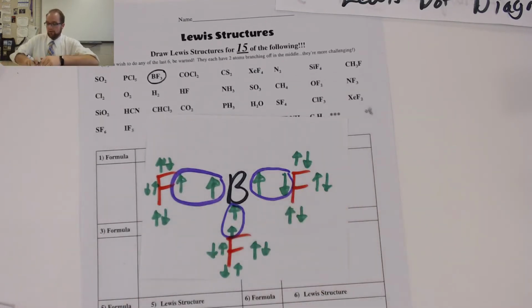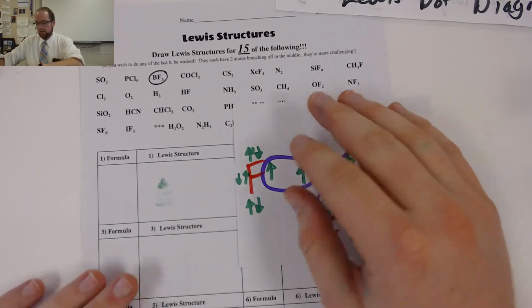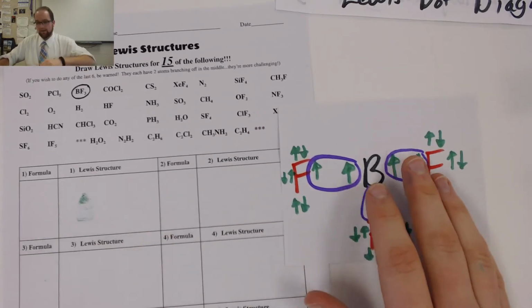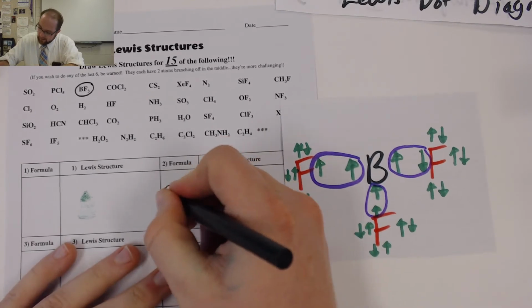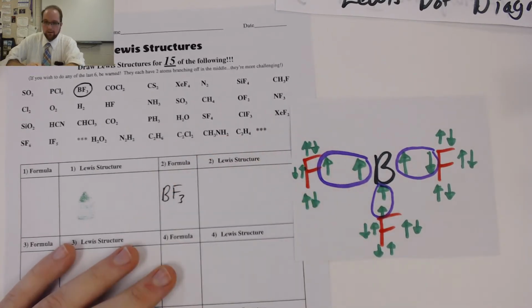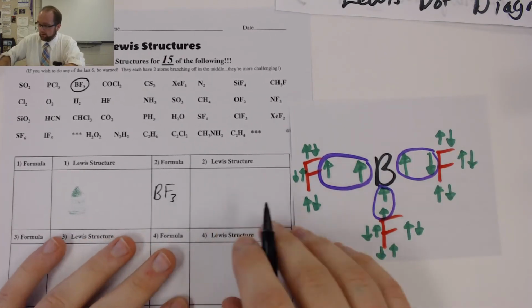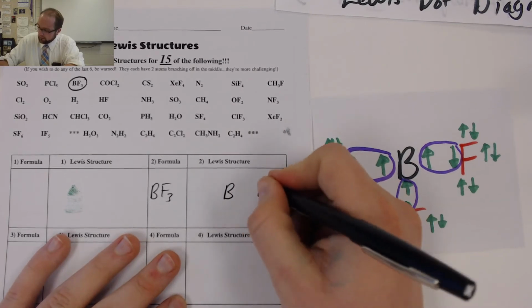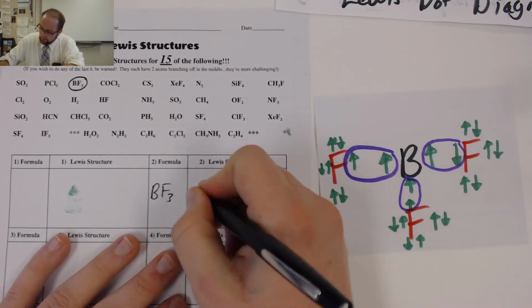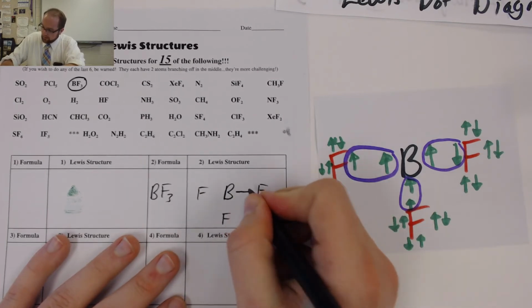So all I want to do now is transfer this into our overall diagram on our sheet. I made a little spot there, so why don't we call this number 2. If I have BF3, I'm going to represent this setup in my Lewis dot diagram. I'm going to put my B in the center, my F's around the side. Each connection is going to be represented with a line, right?